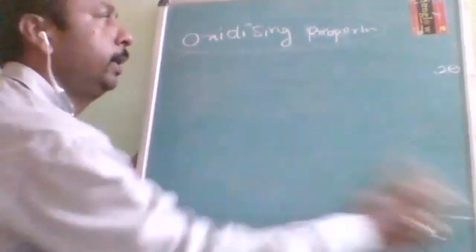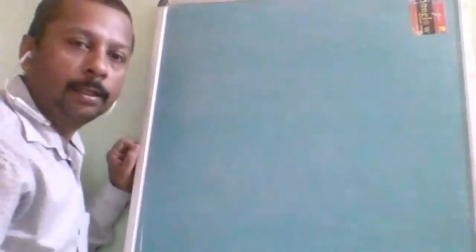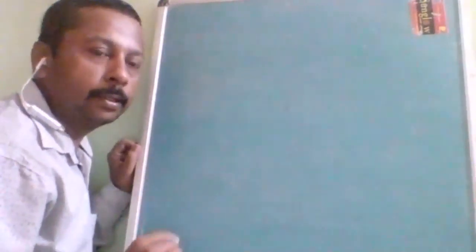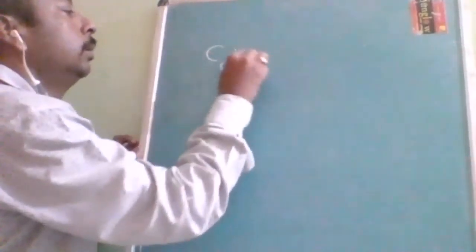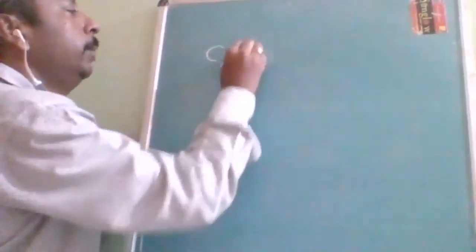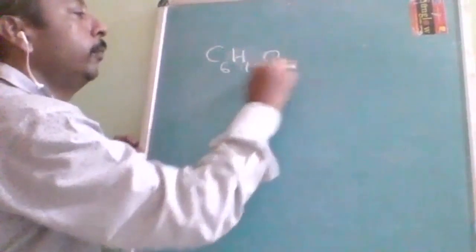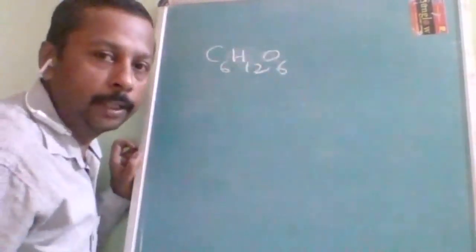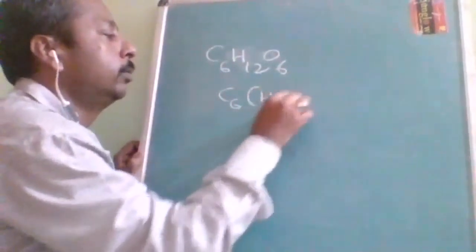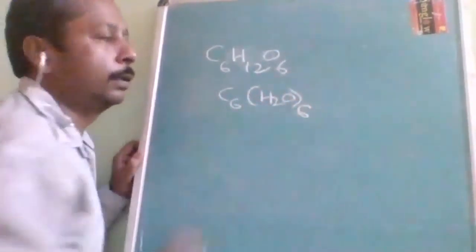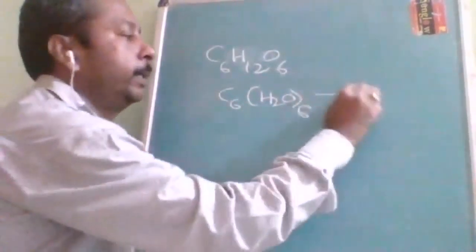Now dehydrating properties. A question will be there: what are the dehydrating properties? It can remove water. There also I will tell you techniques. Suppose glucose, C6H12O6. People write like this and get confused. But being a smart student, you should write it as C6(H2O)6.